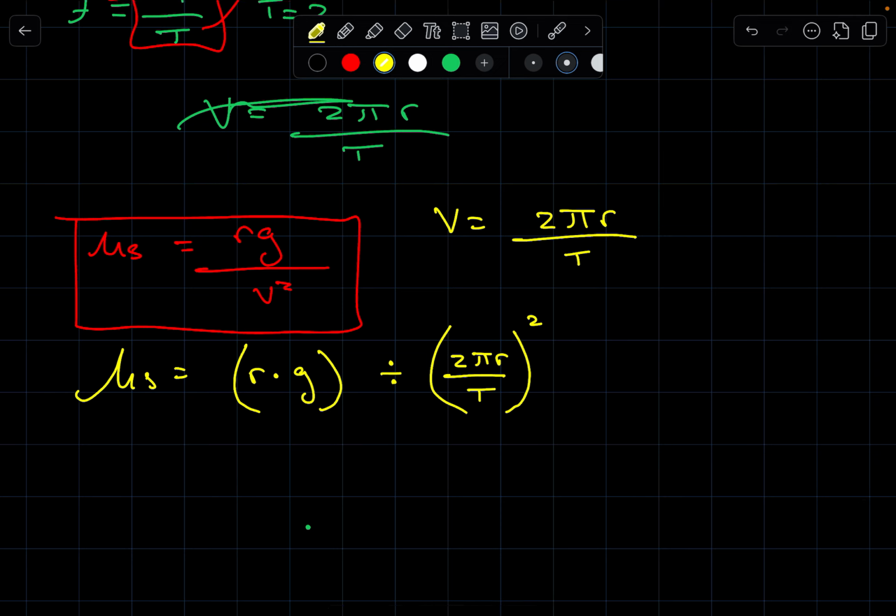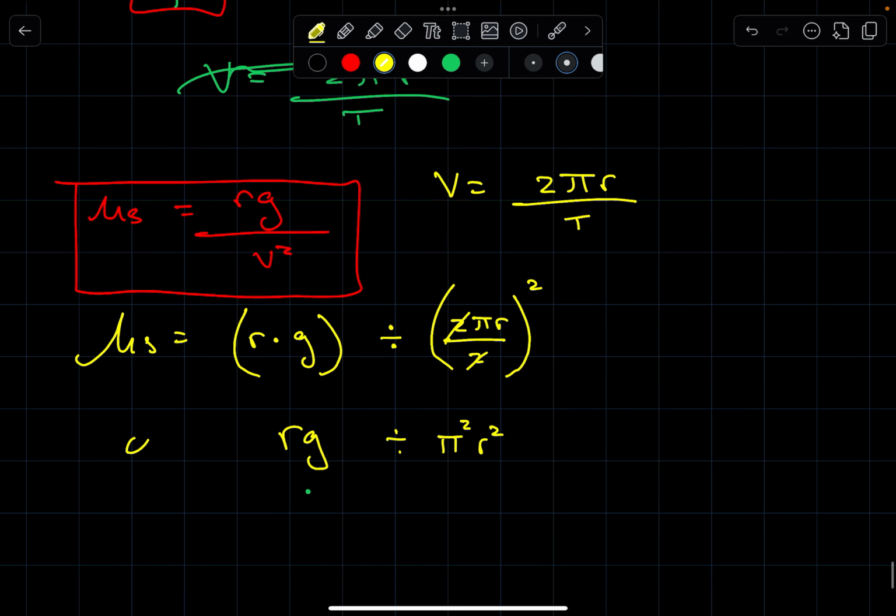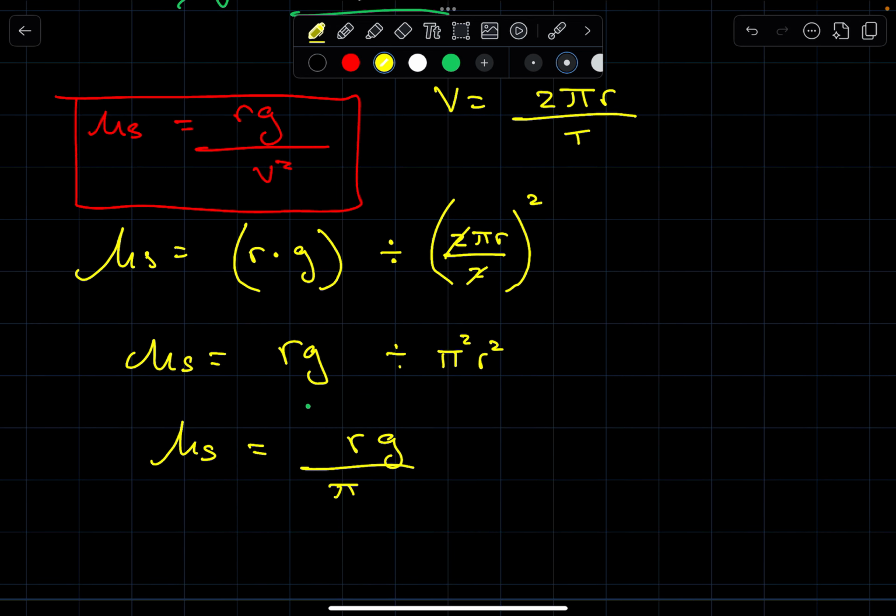First, let's square it. This is going to be 4, and T is equal to 2, so these actually cancel out. So it's going to be pi squared r squared, divided by rg, which is mu s, which therefore equals pi squared r squared.